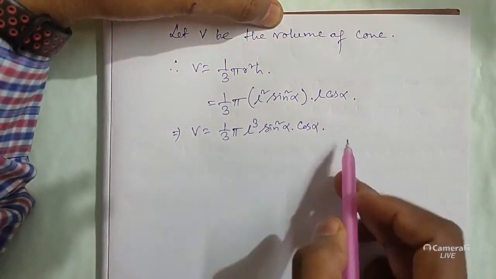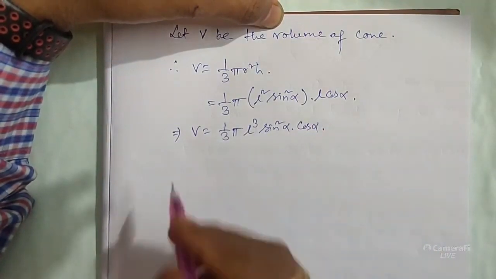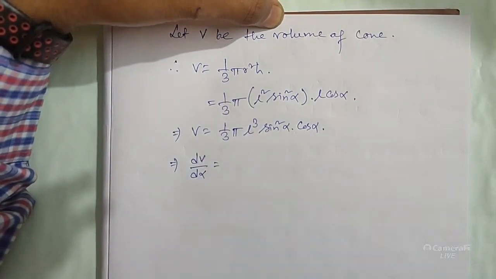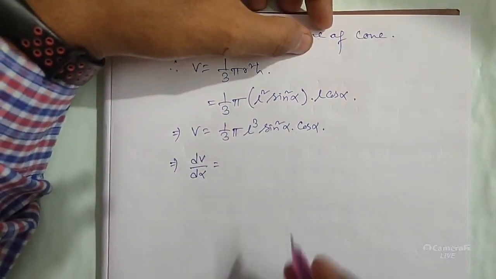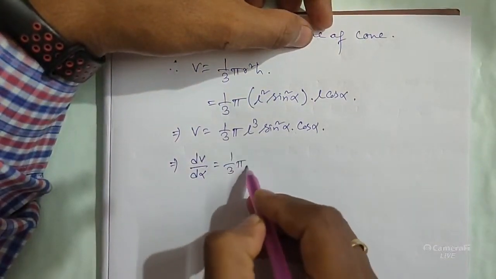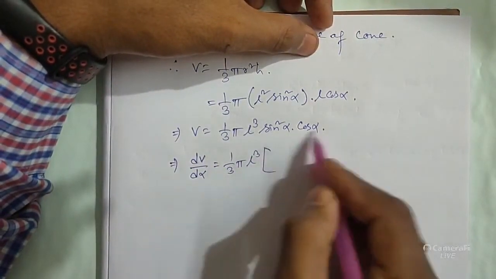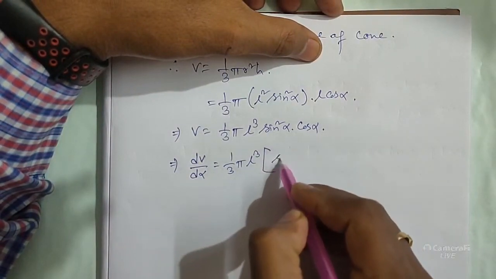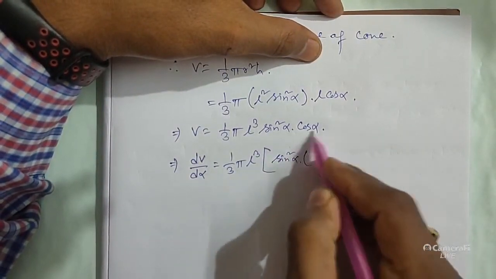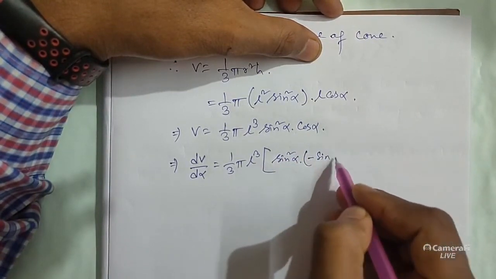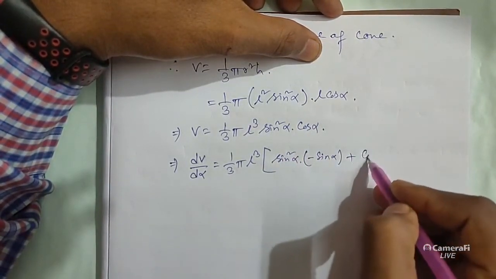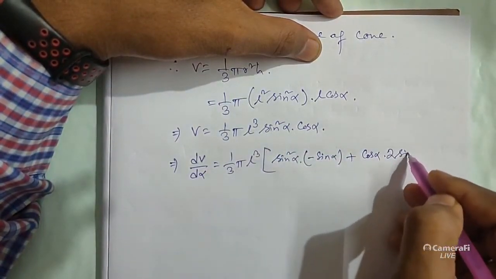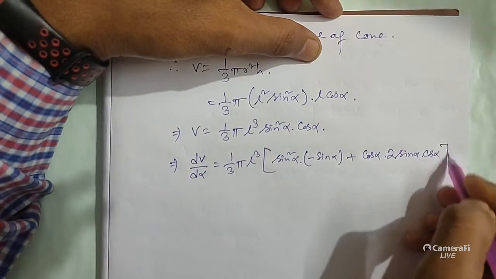Now we can differentiate this with respect to alpha because L is constant, which implies dV by d alpha is equals to 1/3 pi L cube. This is constant. Here we have to apply product rule. Sin square alpha unchanged, d by d alpha of cos alpha, that is minus sin alpha, plus cos alpha unchanged, d by d alpha of sin square alpha, 2 sin alpha cos alpha.